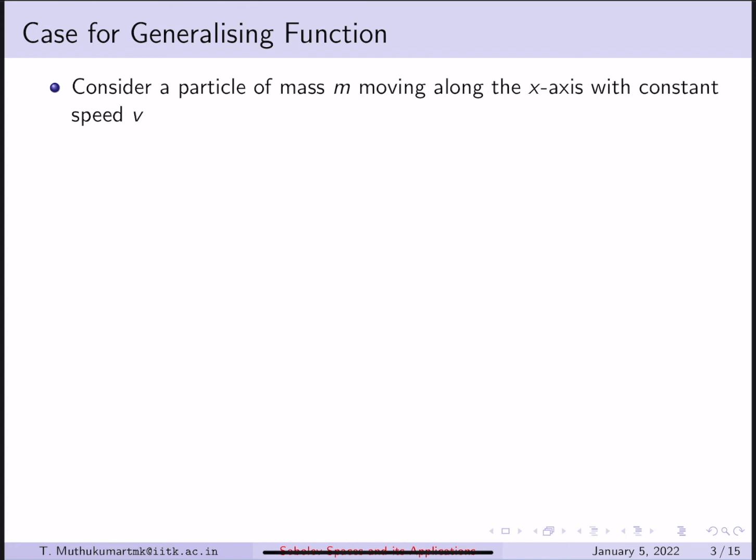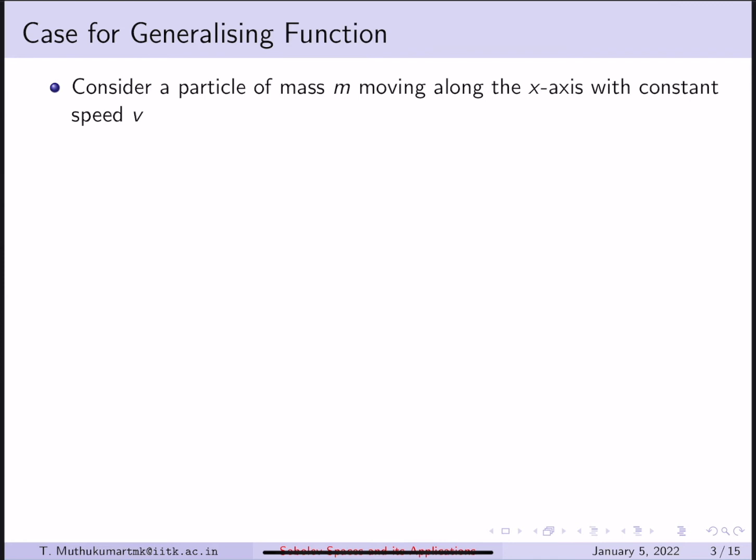Practically, this was found when Dirac was working with the quantum theory of collision, and ended up with an equation which involved a function which does not fit into the mathematical notion of function. Okay, I will describe that later.